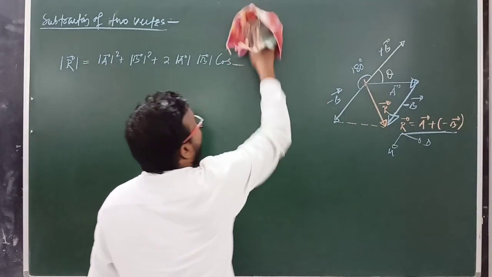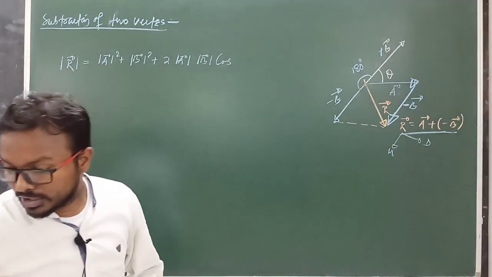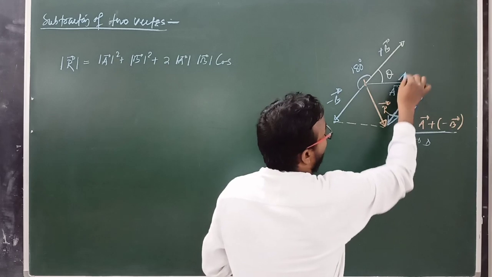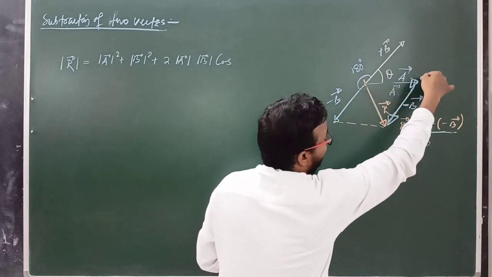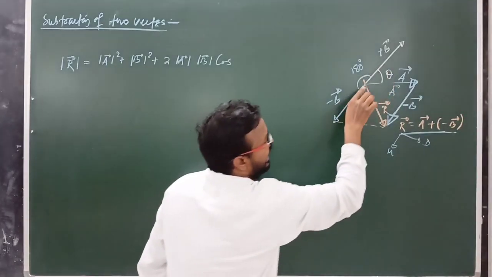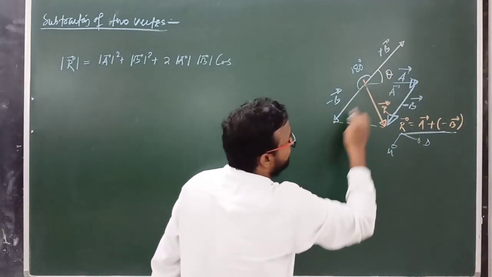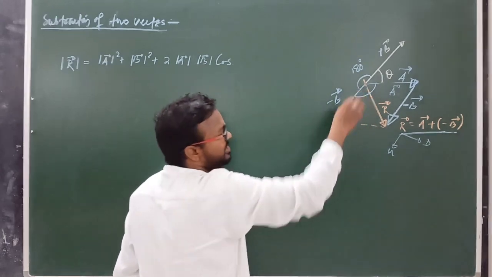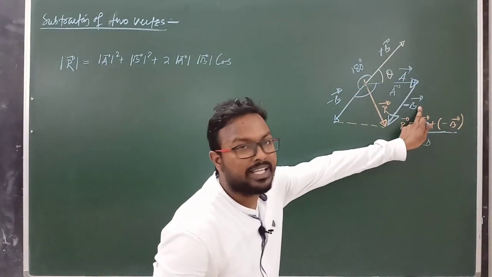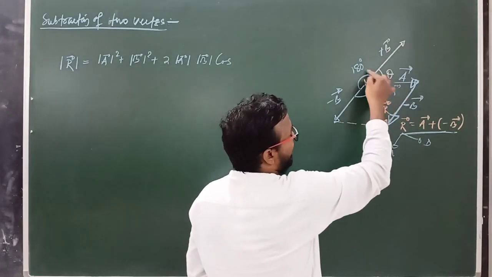Theta is the angle between two vectors. Two vectors means here two vectors a and b, but here the angle between a vector and this is b. Or minus b is here also minus b, angle between a vector and minus b. This angle is known as the angle between a vector and minus b, and this angle theta is equal to 180.